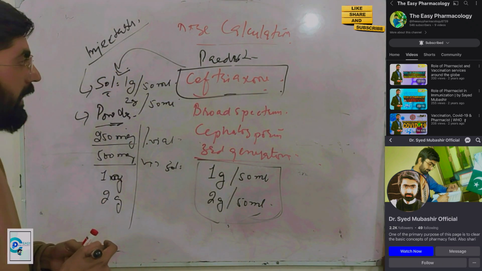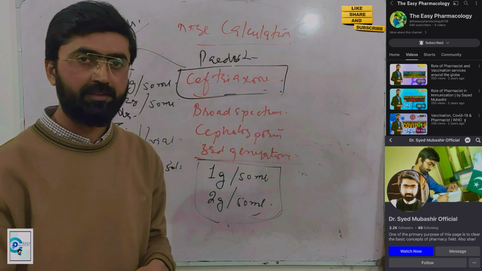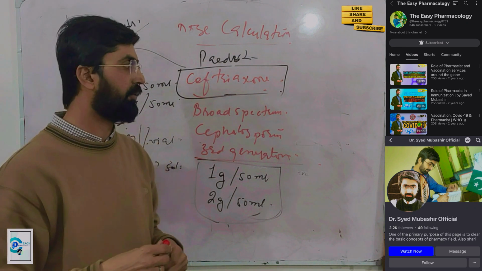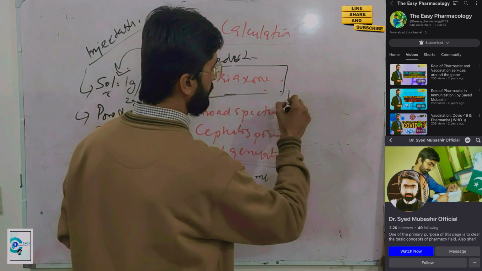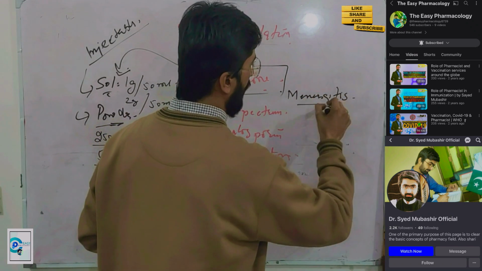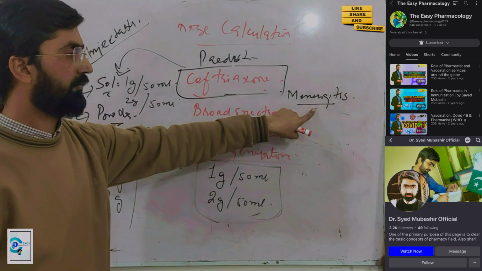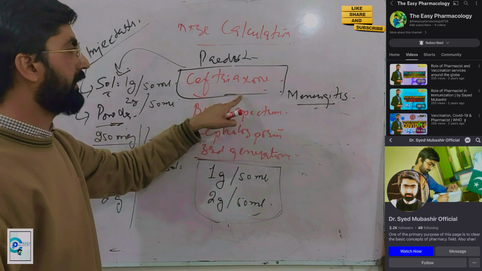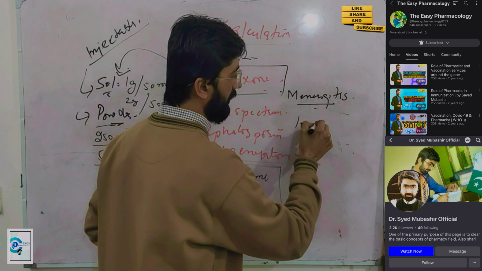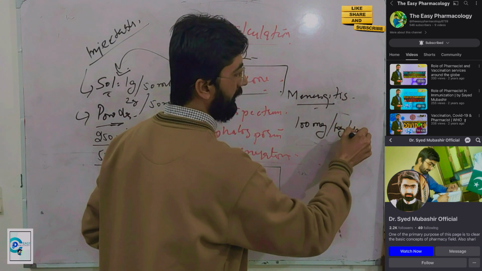There is a child patient, and he's suffering from, let's suppose, meningitis. So in meningitis for a child patient, the recommended dose of ceftriaxone is 100 milligram per kg per day.